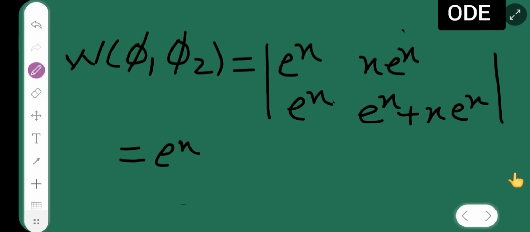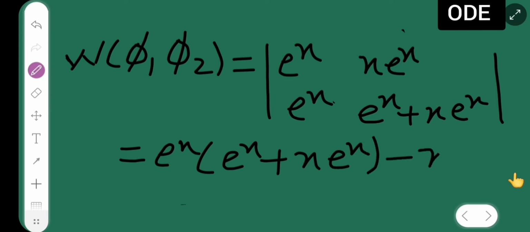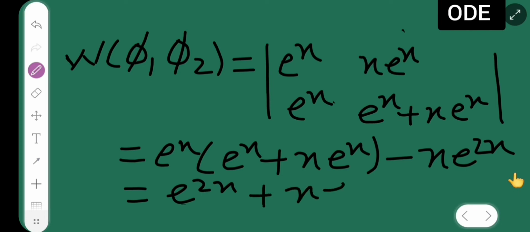So e raised to the power of x into e raised to the power of x plus x e raised to the power of x, minus x e raised to the power of 2x. So this is nothing but e raised to the power of 2x plus x e raised to the power of 2x minus x e raised to the power of 2x.